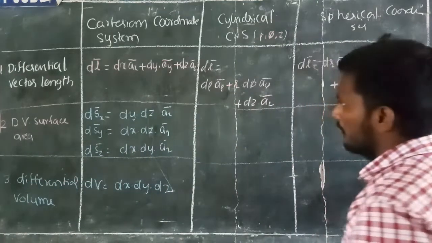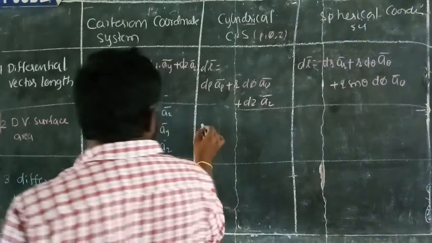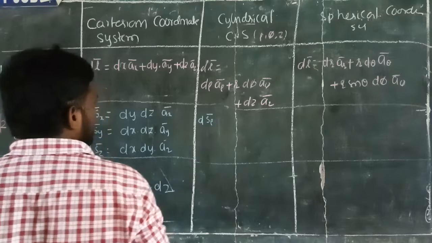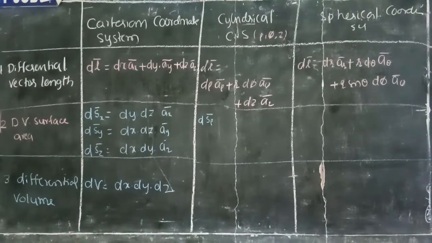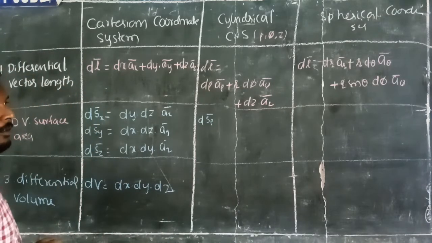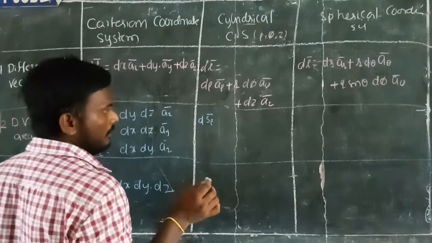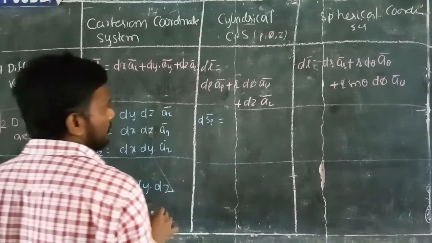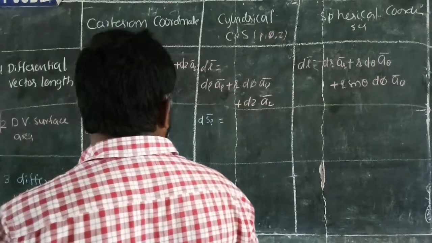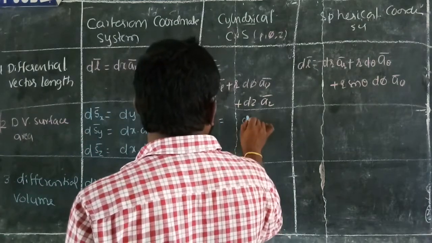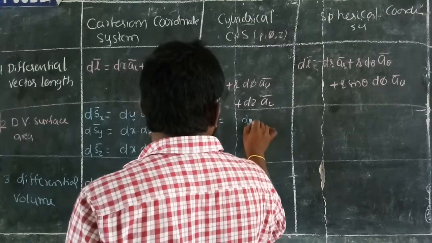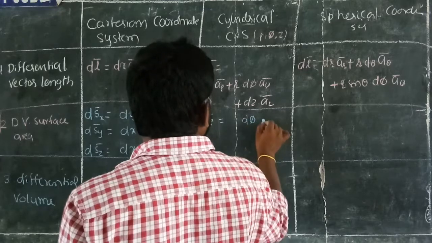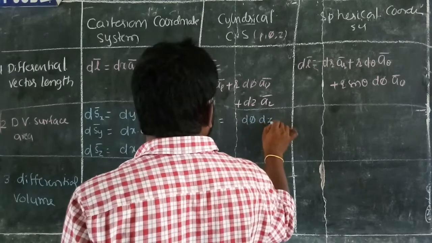So what about here? We have to write the differential surface area which is in the direction of the radius of the cylinder, perpendicular to the surface, with coordinates rho comma phi comma z. So that's why here you get rho d phi dz.